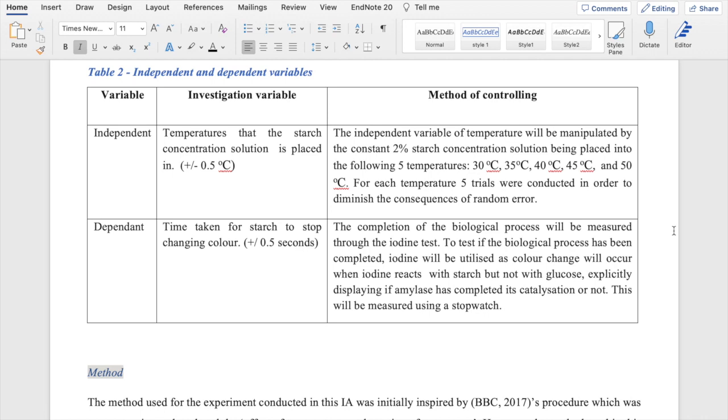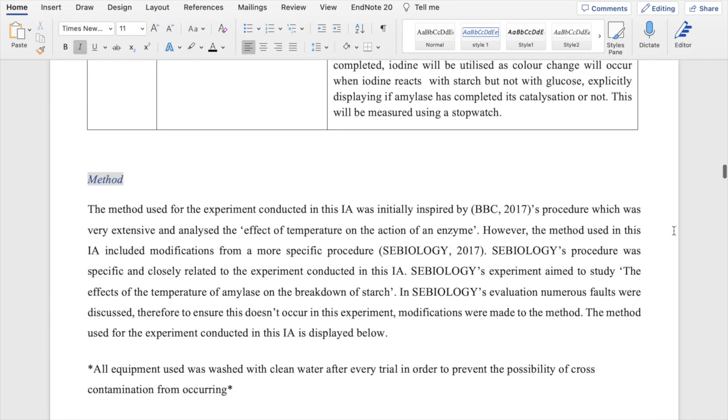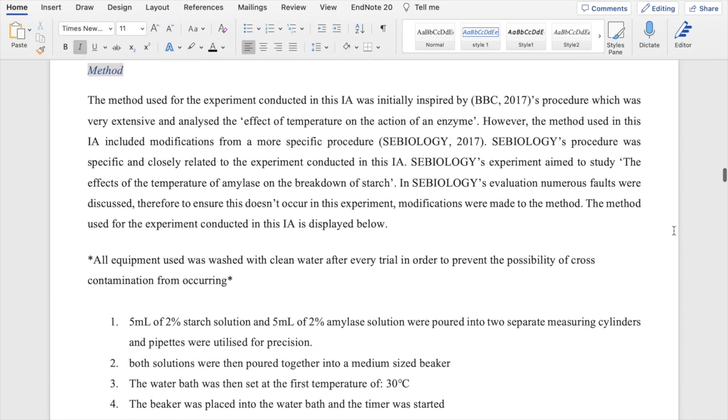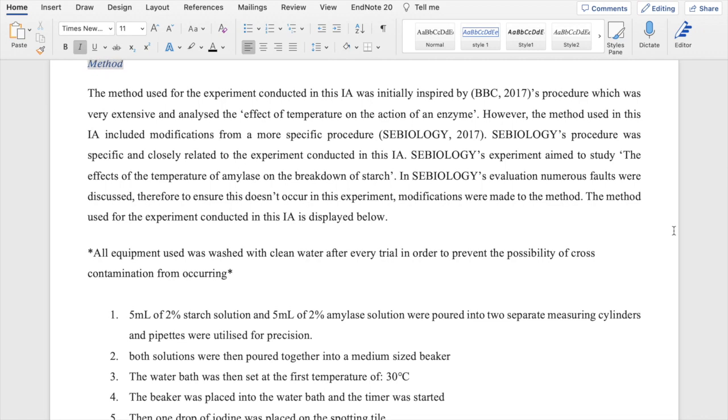It's really important that you cite, because people would obviously have conducted this experiment before you. So it's important that you actually talk about inspiration aspects here. I looked at BBC's and SEB Biology's. I mentioned both of them and saw how their methodology and experiments worked, and the results they got. However, I did modify it to make it more unique, more like mine, right?